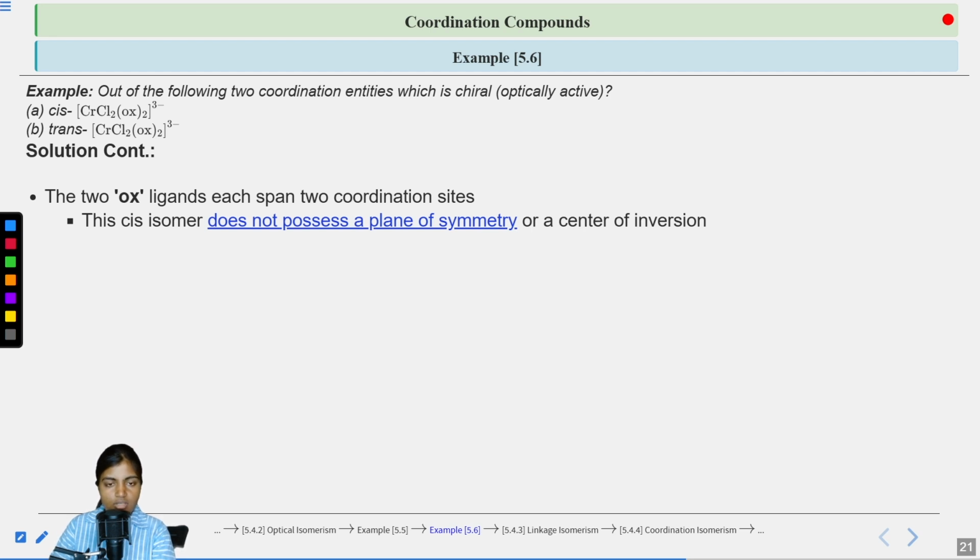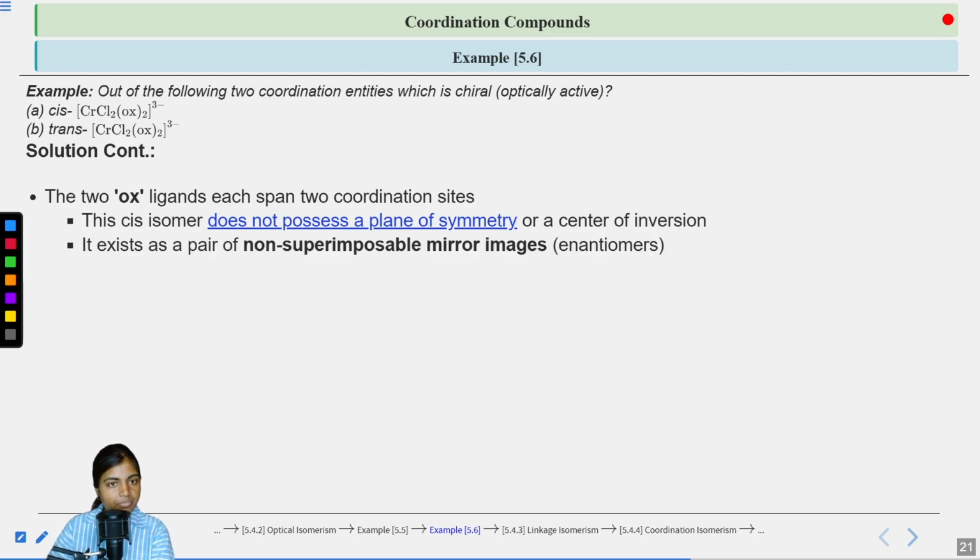So this cis isomer is not going to possess any kind of plane of symmetry or a center of inversion. It exists as a pair of non-superimposable mirror images, or enantiomers. Okay, so it exists as non-superimposable mirror images, which essentially means it is an optically active compound or complex, right? So it is going to be present as an enantiomer.